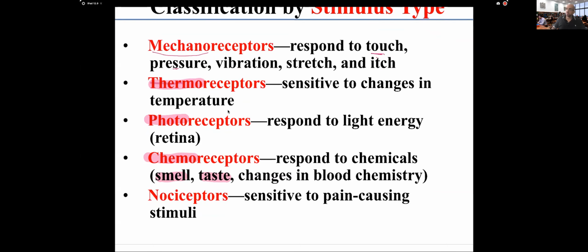If I'm detecting sensations from pain-causing stimuli, those are going to be detected by a type of receptors called nociceptors. So again, according to the type of stimulus I'm detecting, we classify the receptors into mechanoreceptors, thermoreceptors, photoreceptors, chemoreceptors, or nociceptors.